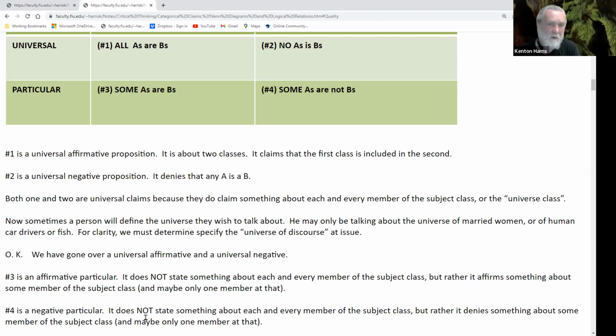Some A are B is an affirmative particular about the two classes, and we call that an I claim, the I from affirmo. And then the last one, some A are not B, is a negative particular, and that is called an O claim. So these four claims are accordingly A, E, I, and O. Okay.